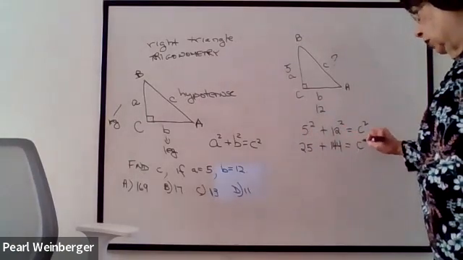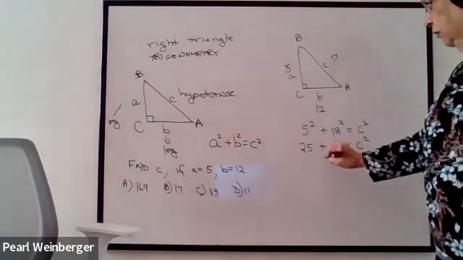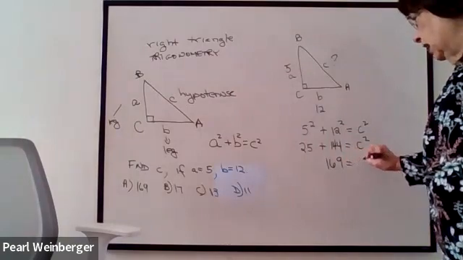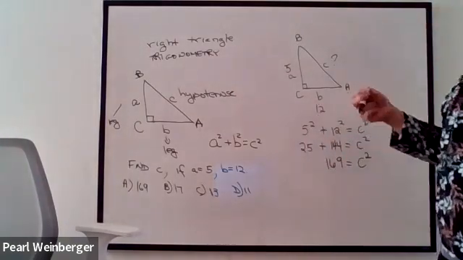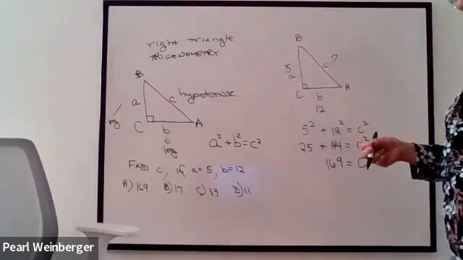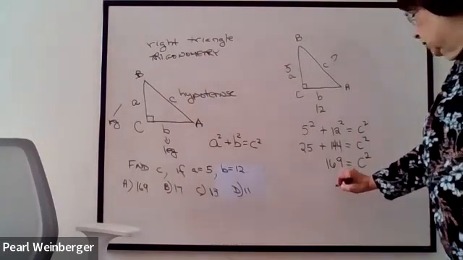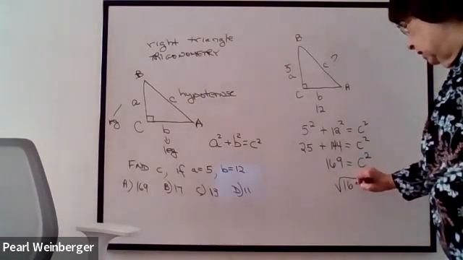That's what your c squared is equal to. So you do 25 plus 144, that gives you 169. But 169 is not your final answer, because 169 is not what c is, it's c squared. So therefore, in order to find out what c is, we have to do the square root of 169.